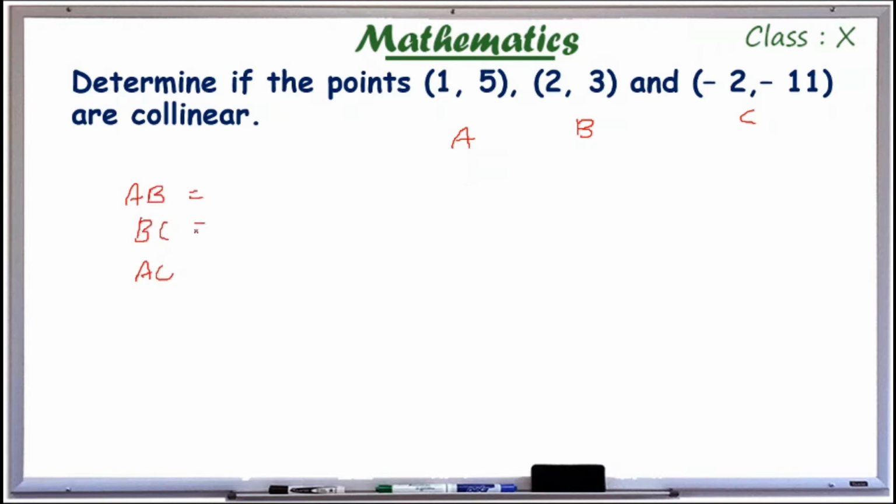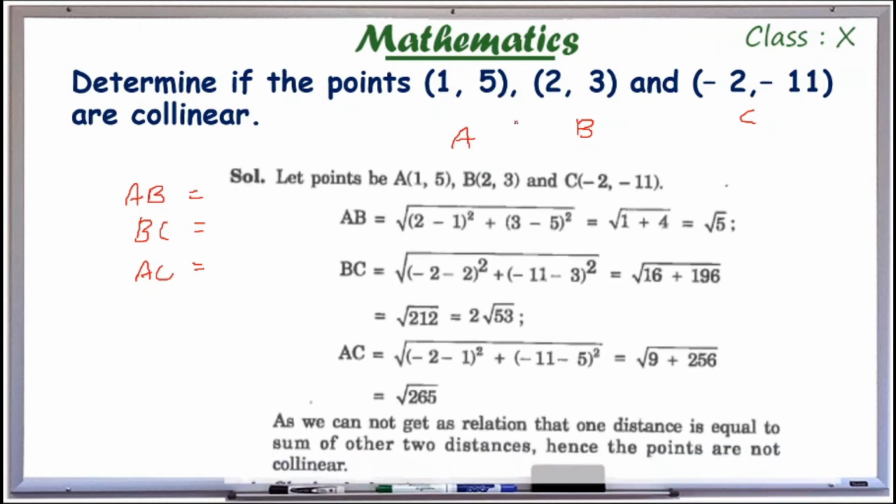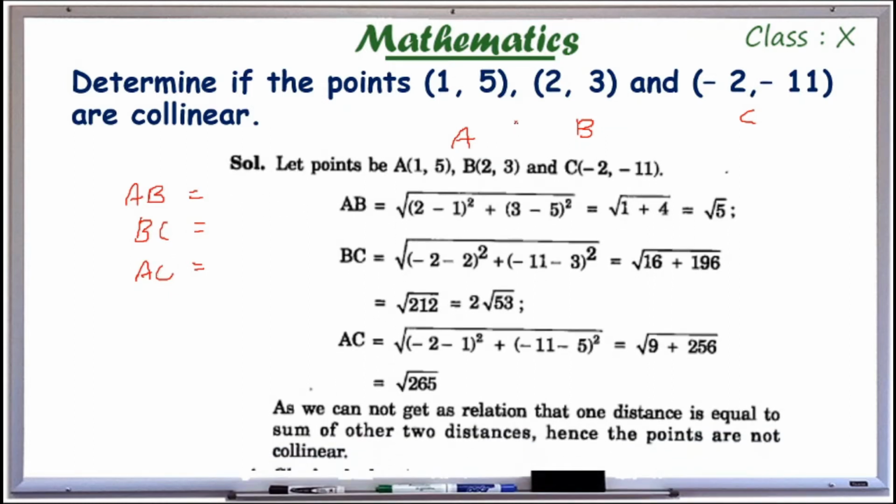If I can write any of these distances as the sum of the other two distances, then it is said to be collinear. Now we can check. So I gave names for A, B, C. AB is equal to root 5, BC is equal to 2 root 53, AC is equal to root 265.